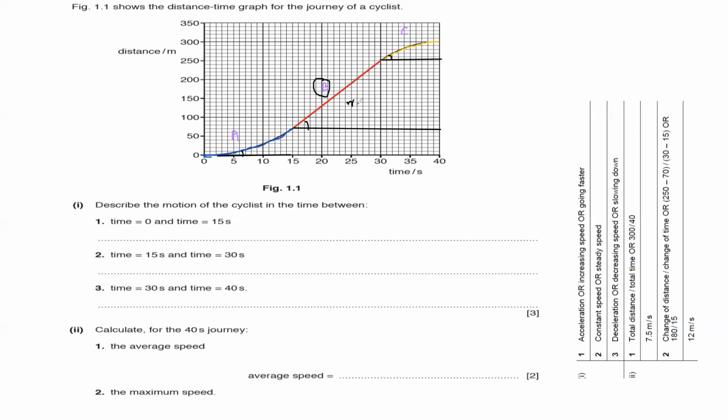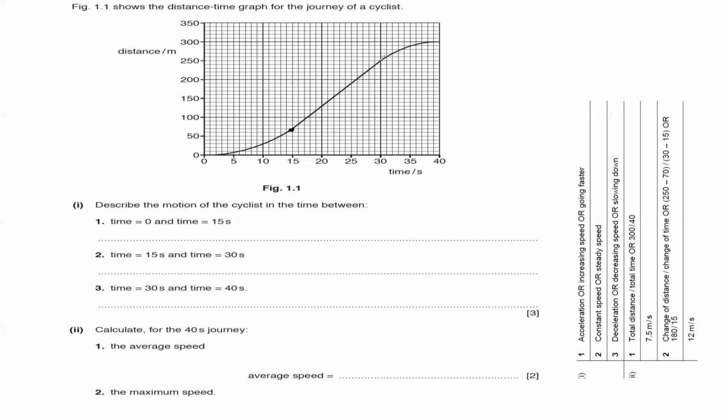So it will have the maximum speed in this region. So basically we have to find the speed from 15 second to 30 second, and that will give us the maximum speed.